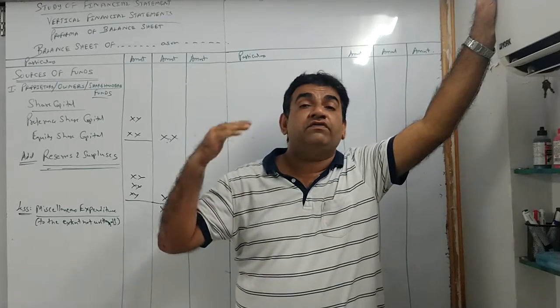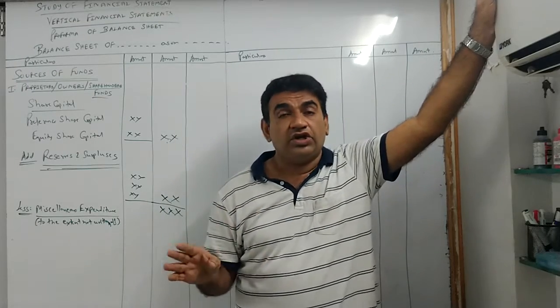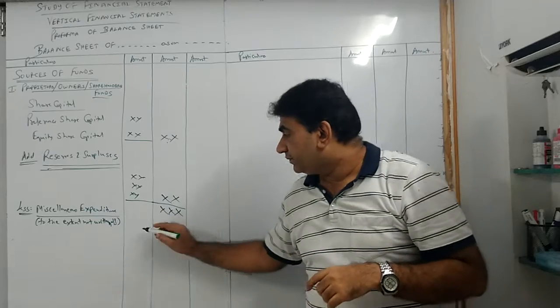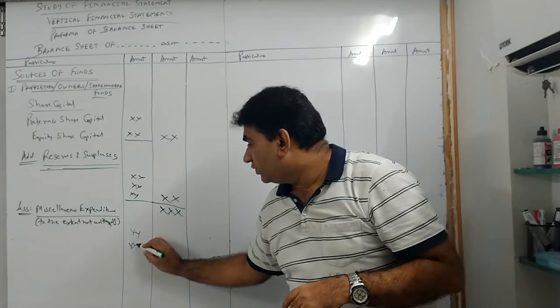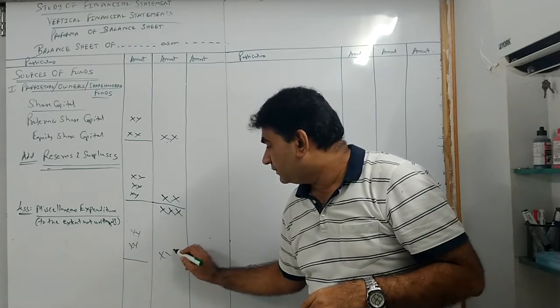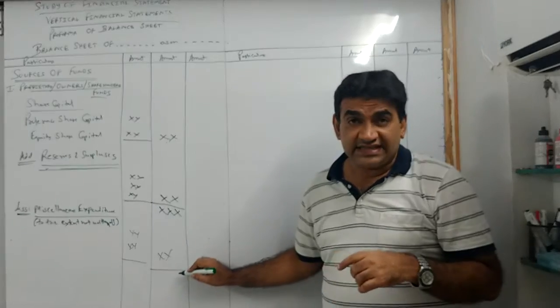Expenses which are to be written off in the future are not your assets. Okay? So what you do? Those you put in the first column, take the total in the second column.